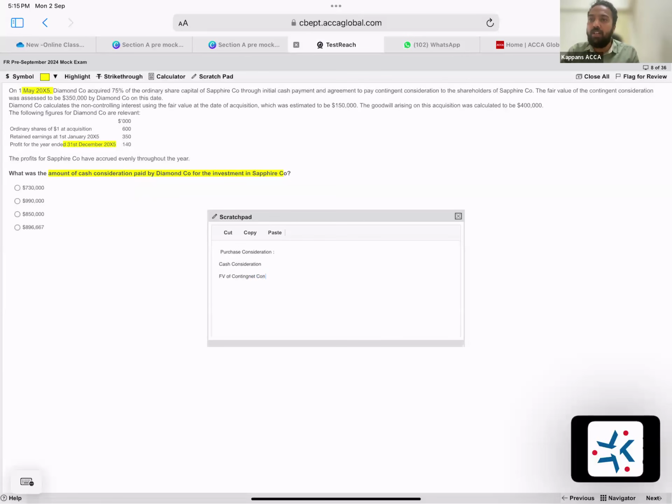So fair value of contingent consideration, you don't have to calculate, it's given. The question is asking us to calculate the cash consideration. How much is the fair value of contingent consideration? It's very clearly given. The fair value of contingent consideration was assessed to be $350,000 on this date. On this date means on date of acquisition, 1st May. So contingent consideration is $350,000.